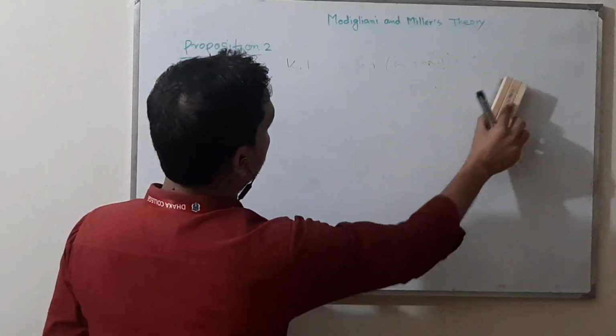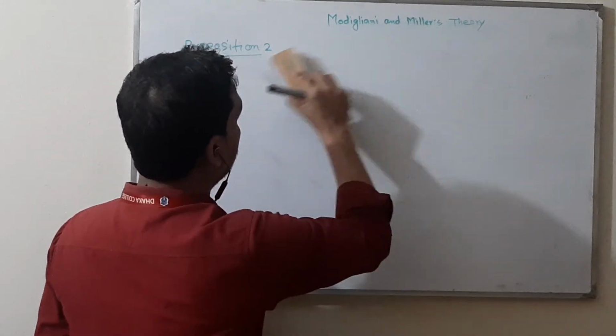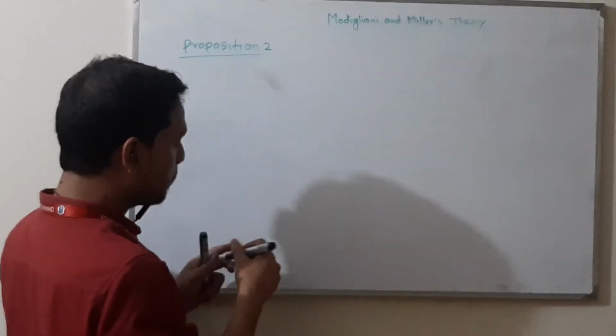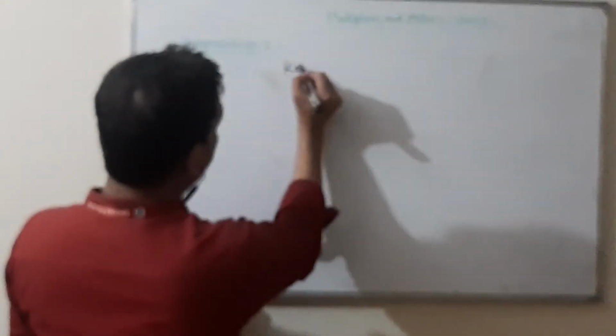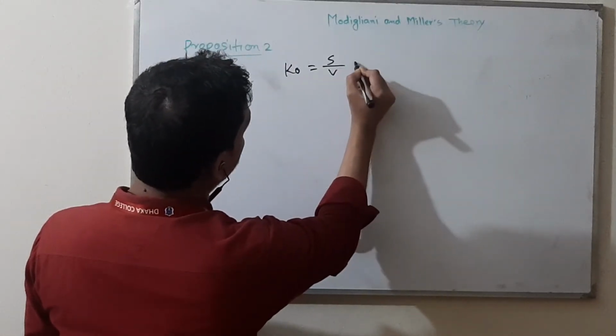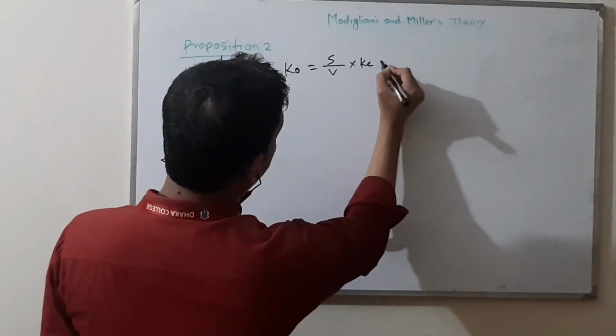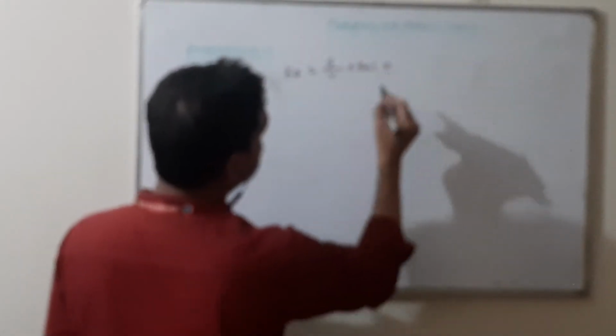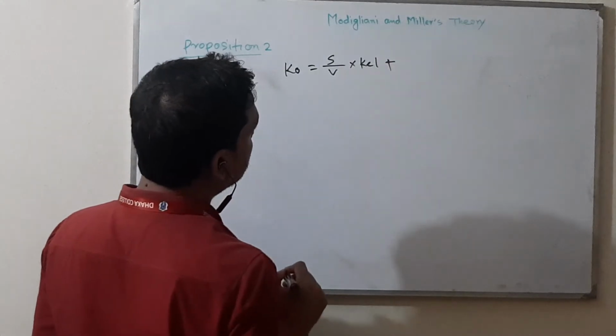Dear students, at first we should write down the overall cost of capital. So overall cost of capital equals S divided by V into cost of equity levered, plus D divided by V into KD.